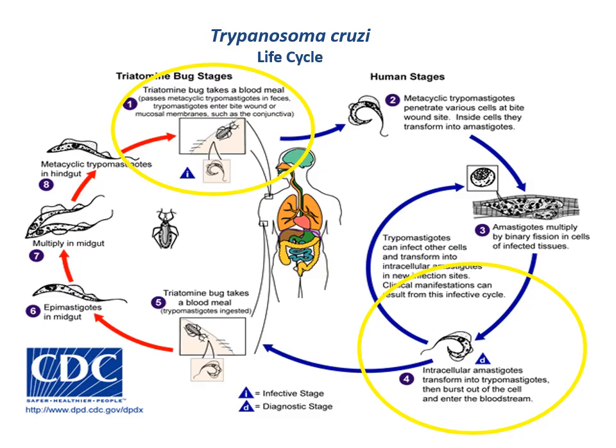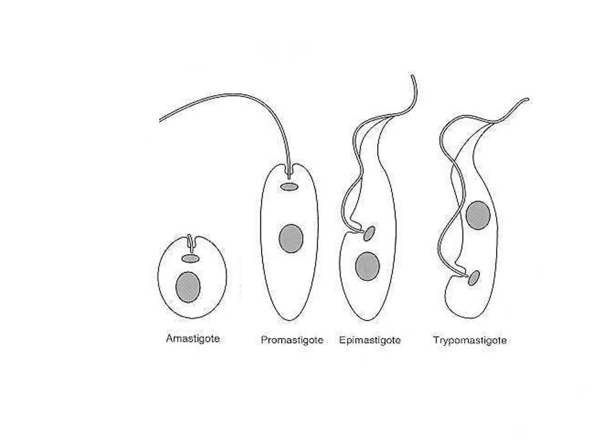So as a summary, for Trypanosoma brucei gambiense, we mostly find the trypomastigote stages and the epimastigote stages in the life cycle. This brings me to define for you the differences between the four stages that we discussed in the life cycles of Leishmania and Trypanosoma, which are the amastigote stage, the promastigote stage, the epimastigote stage, and the trypomastigote stage.